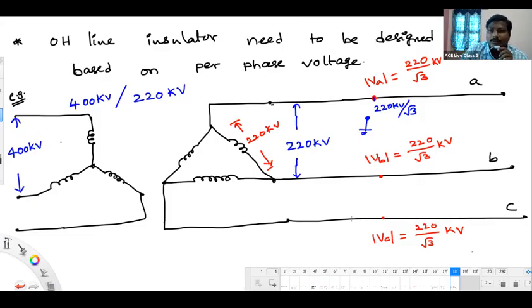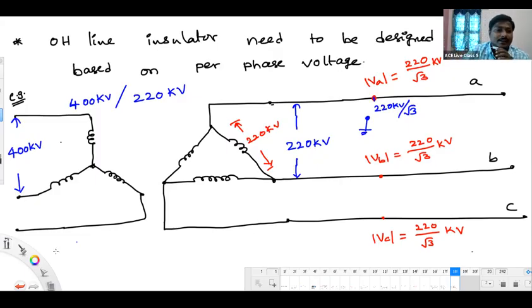Yes. So tell me please, while we are selecting the insulation level of the overhead line, is it required to look into the winding, what is supplying the power? Not at all needed.